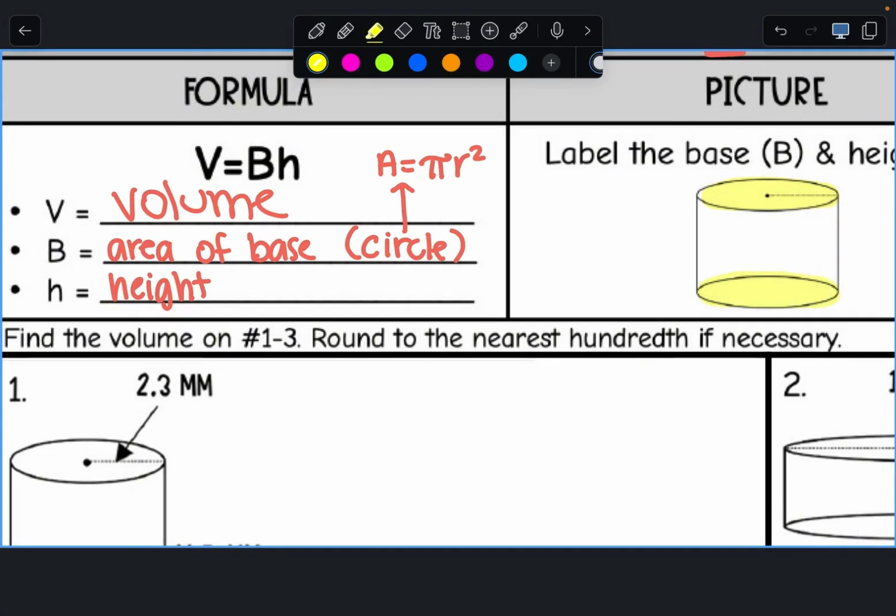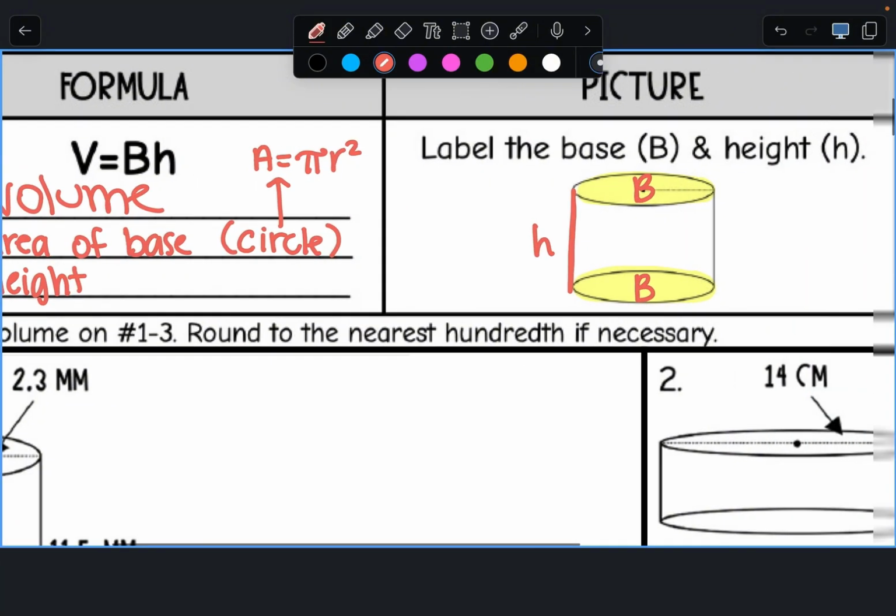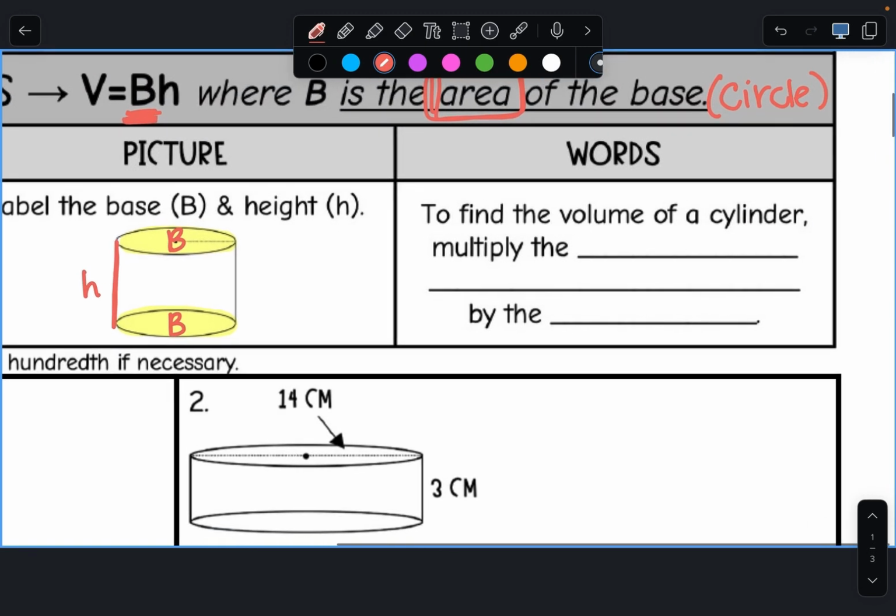Thank you. So, the bases are my circles, and the height connects them, right? The height is always going to be in between the bases. So, if we're talking about a cylinder, the height is here. This is a base. This is a base. Now, to find the volume of a cylinder, you're going to multiply area of the base by the height.